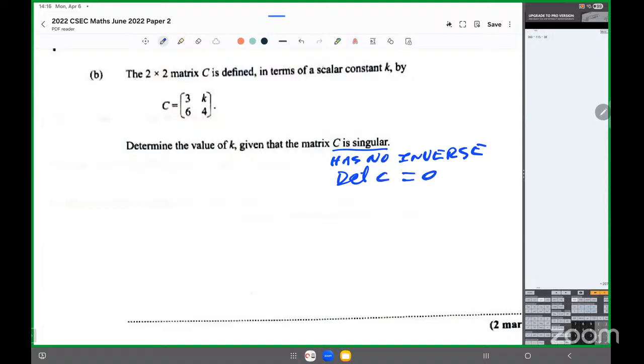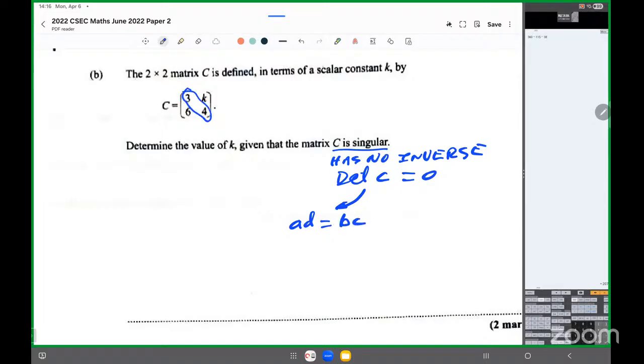When the determinant is equal to 0, it means that this diagonal product is equal to this diagonal product. With A, B, C, D, that's when AD equals BC.